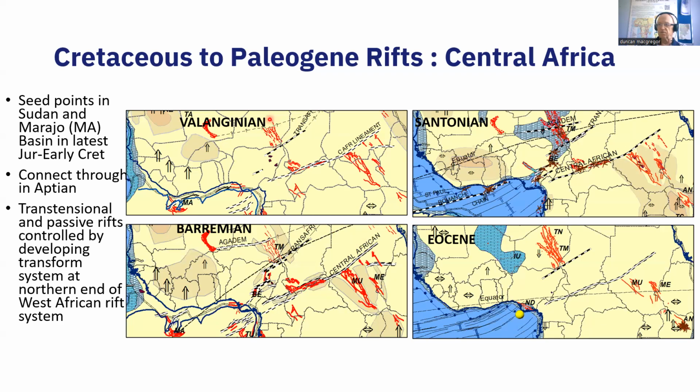Again, these rifts coming oblique to the transforms are of multiple ages. There are at least three phases, with relatively dormant phases, what are called post-rift phases, in between. And they don't necessarily move in harmony with each other.